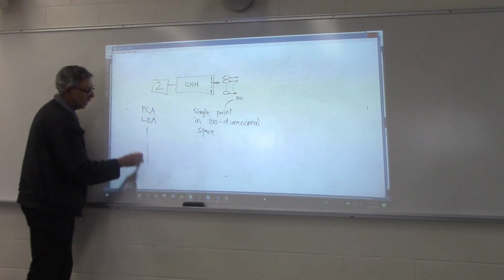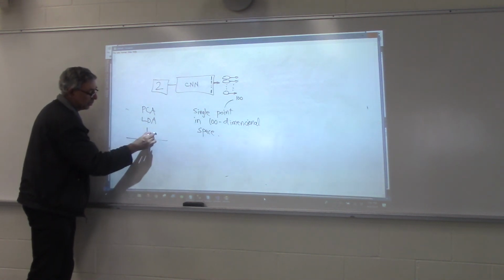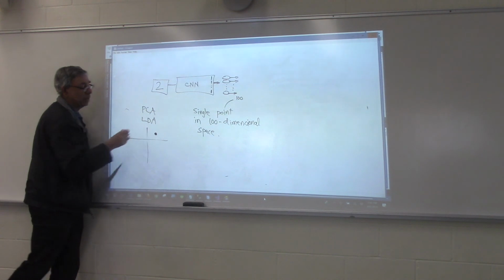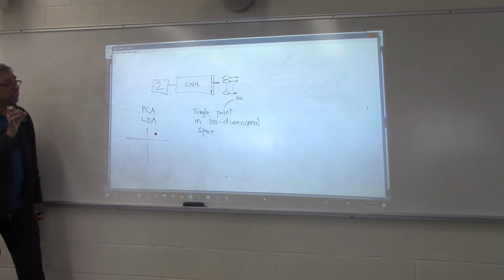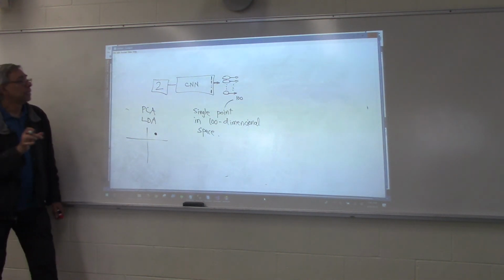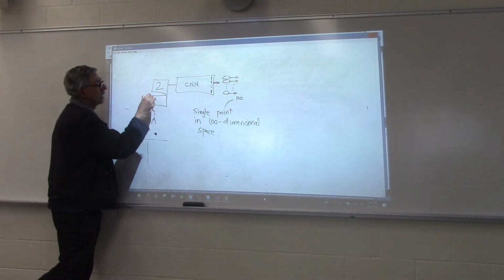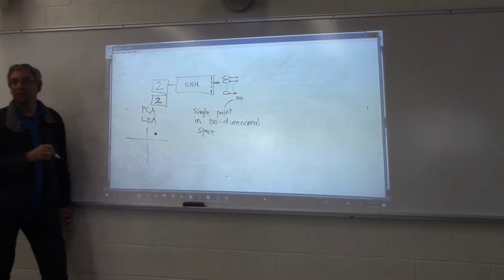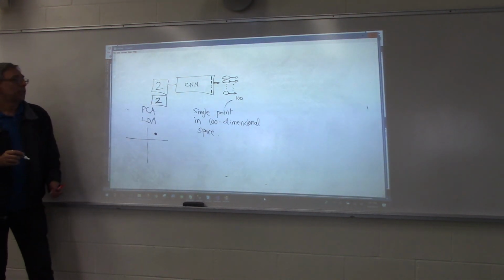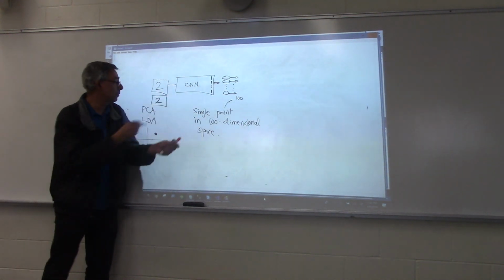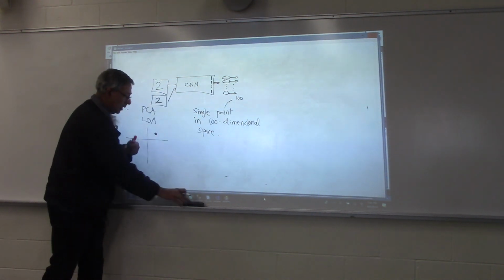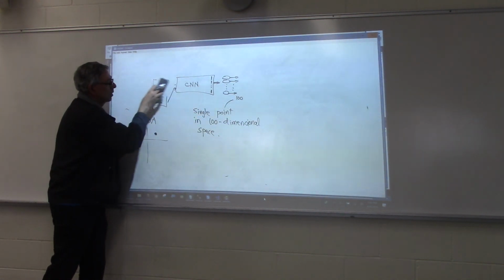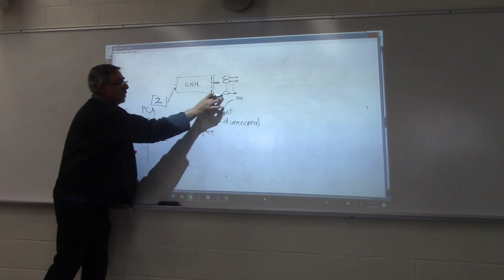Somewhere I can draw 100 dimensions. Pretend this image is now being represented by a point. Now I feed in another 2, which is slightly different from this one. This network will again, corresponding to this input, produce 100 values.